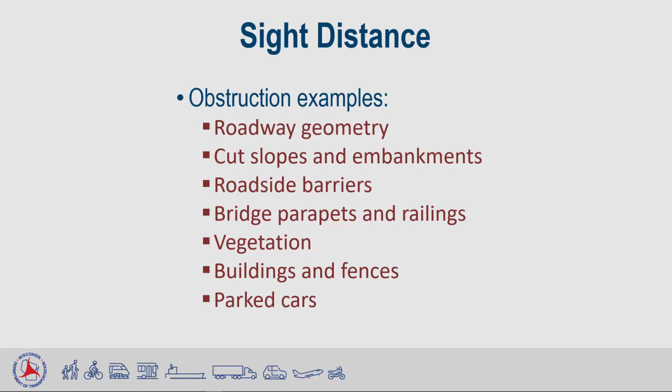This also includes cut slopes and embankments, roadside barriers, which includes beam guard, bridge parapets and railings, vegetation. This could be trees or crops or landscaping, buildings and fences, and cars parked in designated parking areas along a roadway.